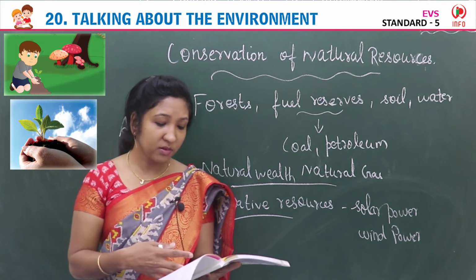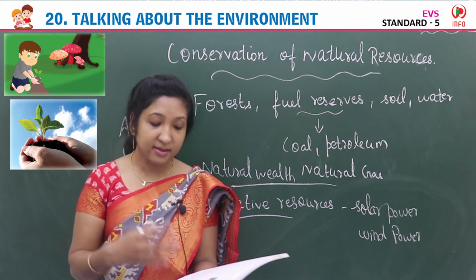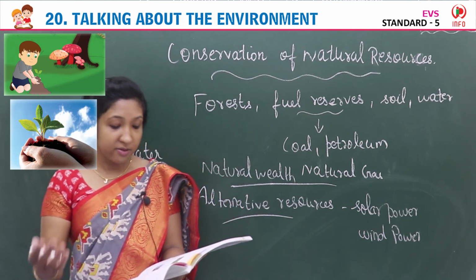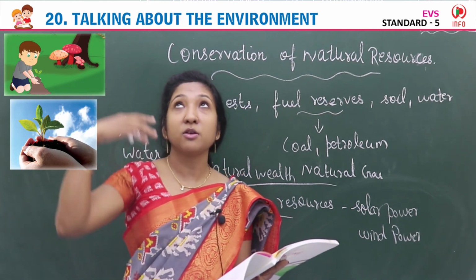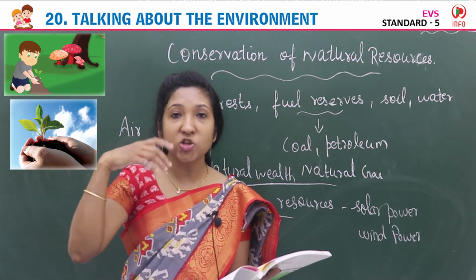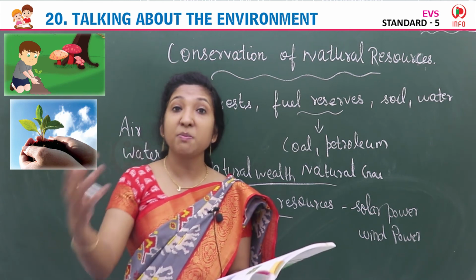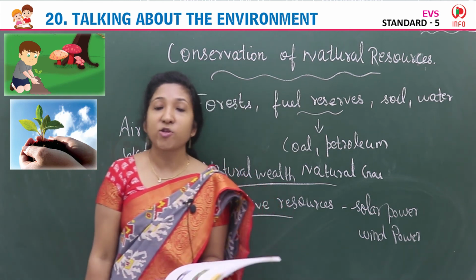So it is important to conserve these natural resources, because nowadays, because of the growing population, what is happening? Demands for these natural resources are increasing. Human beings are exploiting these natural resources.